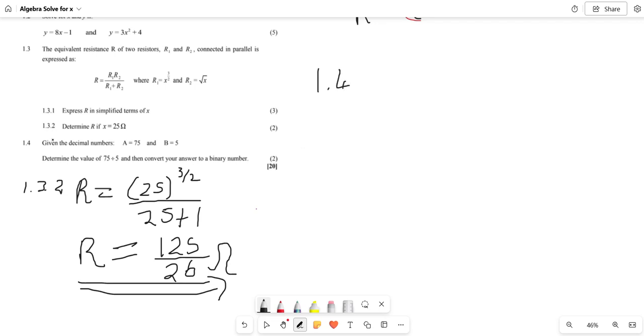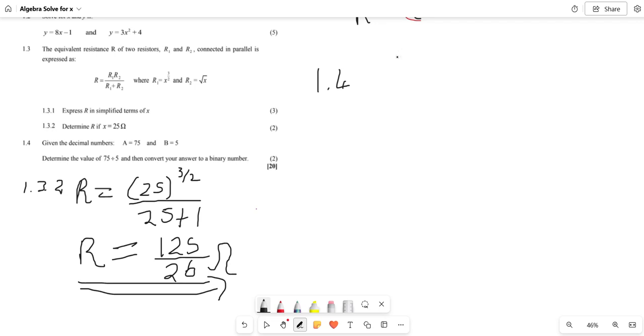In 1.4, it says we are given the decimal numbers a is equal to 75 and b is equal to 5. Determine the value of 75 divided by 5, and then convert your answer to a binary number.